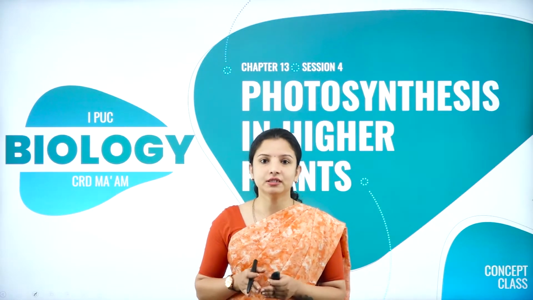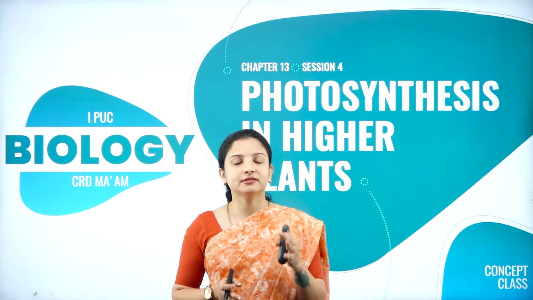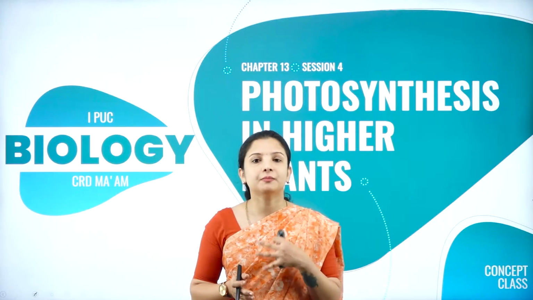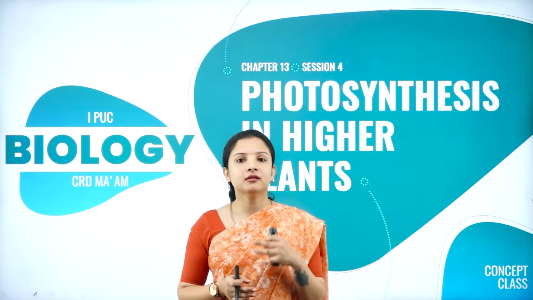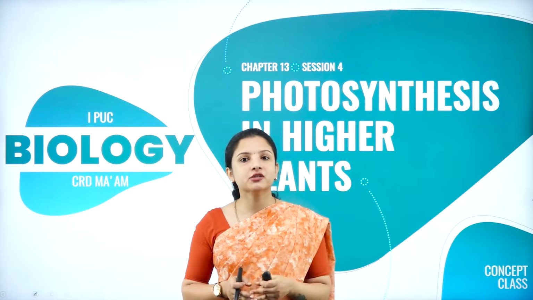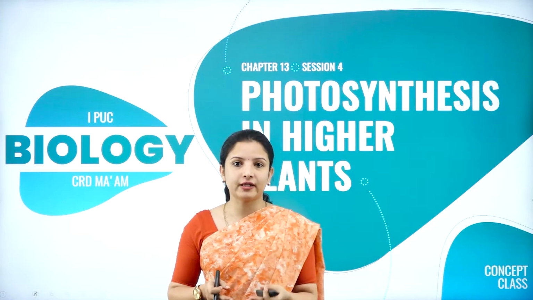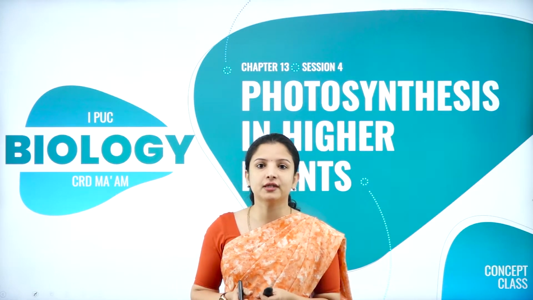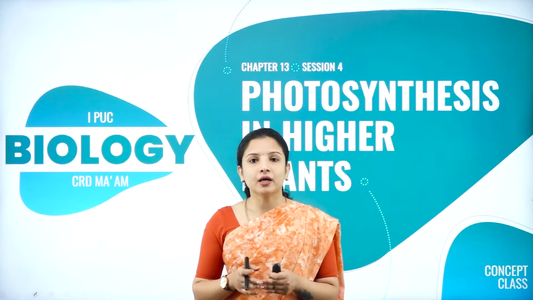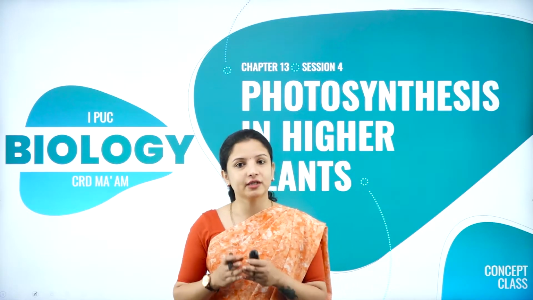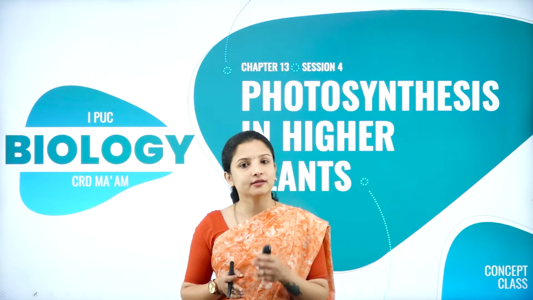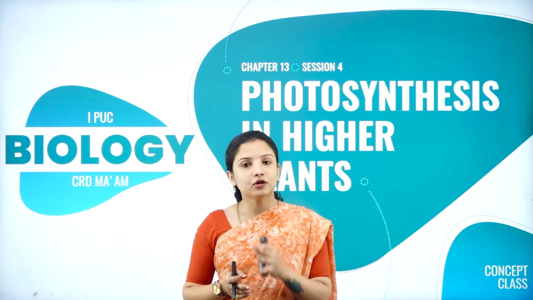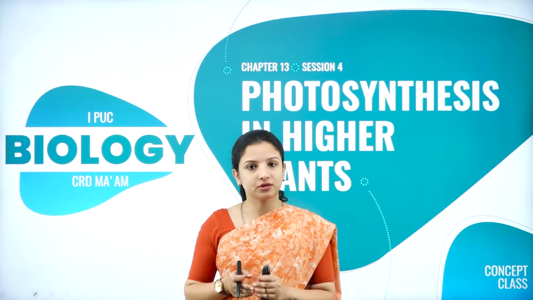We also learnt that the ATP, adenosine triphosphate, which supplies energy, and the NADPH, which helps in the transport of electrons, are both produced through chemiosmosis in the grana or thylakoid of the chloroplast. So we also learnt about the chemiosmosis process.